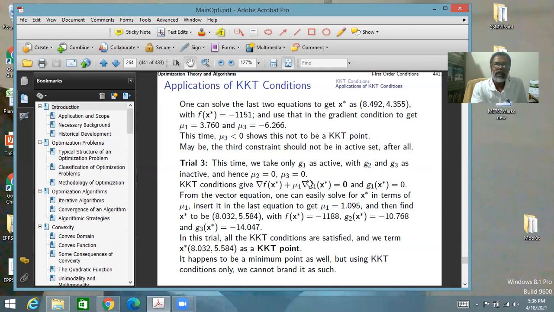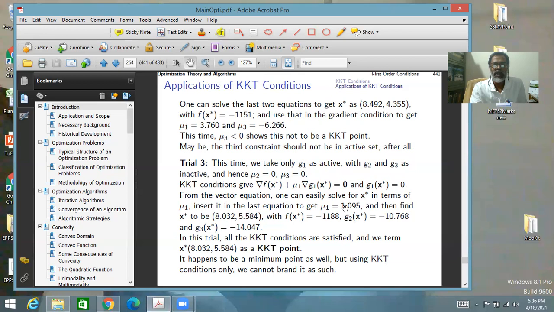Now from here, you cannot solve anything completely, but you can get x1, x2 in terms of mu1. And those expressions of x1, x2 in terms of mu1, you insert in this, which will now give you a single equation in mu1, which you solve.